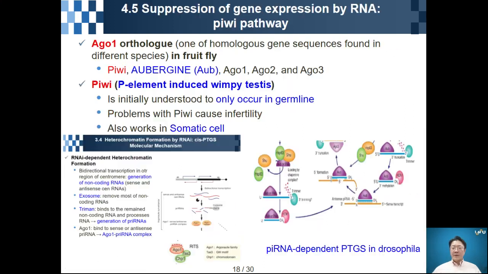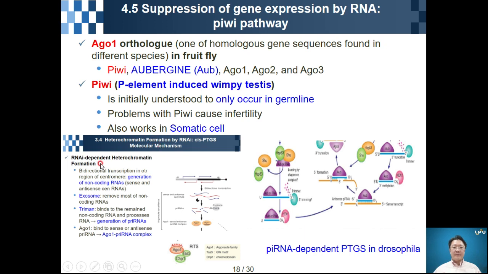Okay. So in this slide, I will explain the fifth subject, suppression of gene expression by RNA, especially the PIWI pathway. Previously, we learned about RNAi dependent heterochromatin formation.